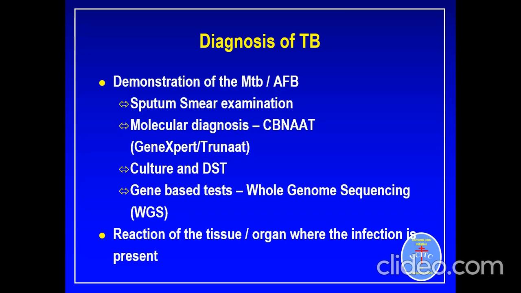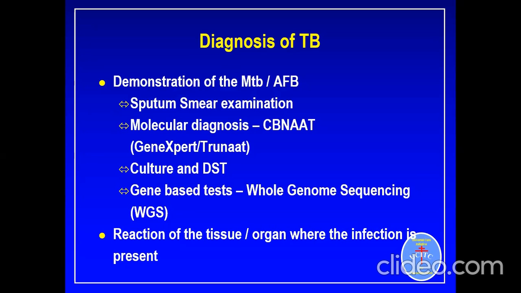As I had mentioned, this is the identification of acid-fast bacilli on a sputum smear stained with Ziehl-Neelsen stain. Either you do a hot stain or a cold stain, and identify the organisms which I had shown you earlier.